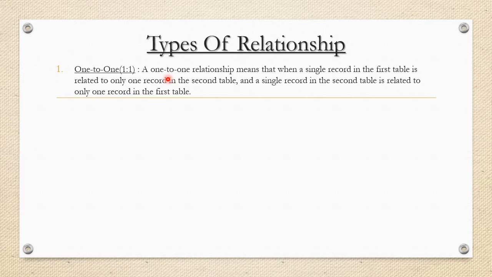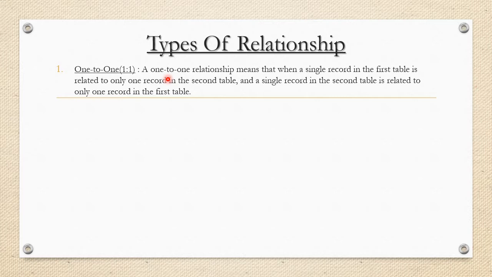Suppose in your database, there are two tables. One is a student table and the other one is a marksheet table. Now, when you are entering data in the student table, suppose you are entering records of students from roll number 1 to 120.